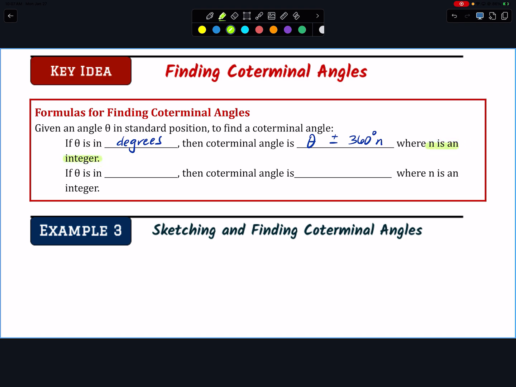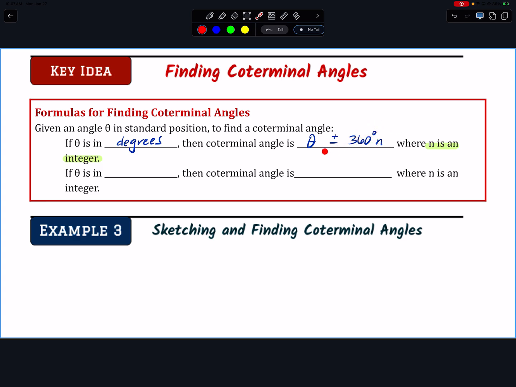What type of numbers are integers? Whole numbers. Can they be negative? Yes, integers can be negative, okay? So just no fractional numbers. So you won't say theta plus 1 or 360 times a half. No, it would be 1, 2, 3, 4, negative 1, negative 2, negative 3.